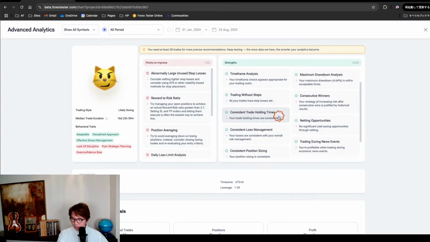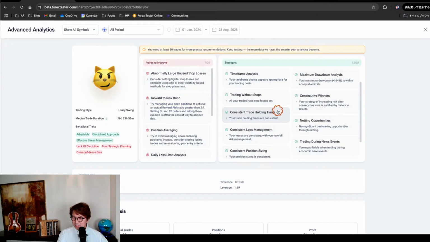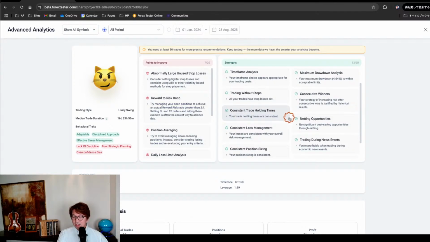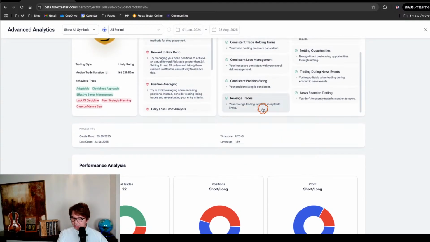Consistent trade holding times. Okay, your trade holding times are consistent. That's good. I don't really mess around in terms of holding times. Consistent position sizing, that's also good. Revenge trades: your revenge trade is within acceptable limits.